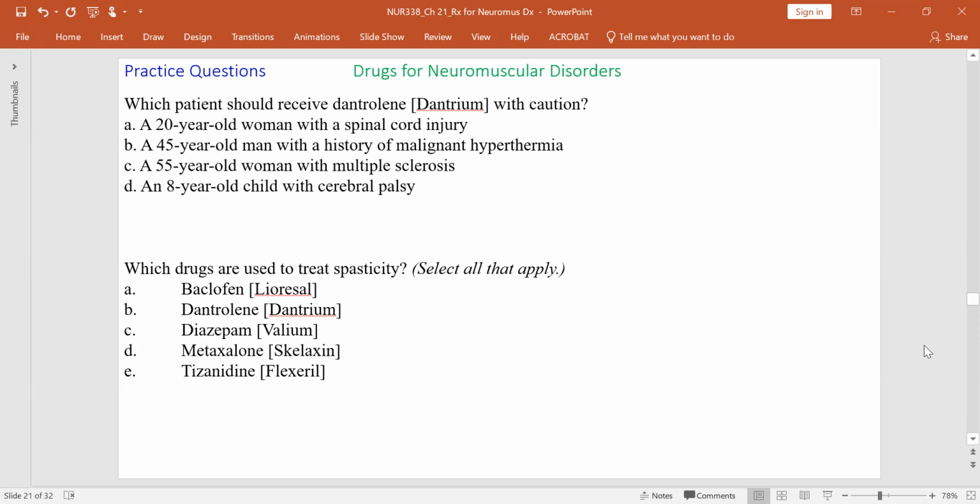Baclofen and diazepam act in the CNS, whereas dantrolene acts directly on the skeletal muscle. Baclofen and diazepam act at the higher, CNS level, and eventually that will lead to muscle relaxation.